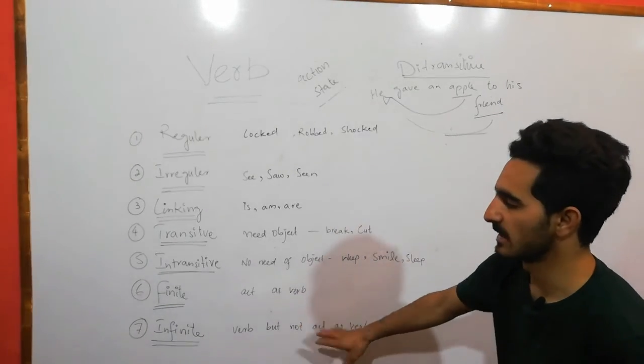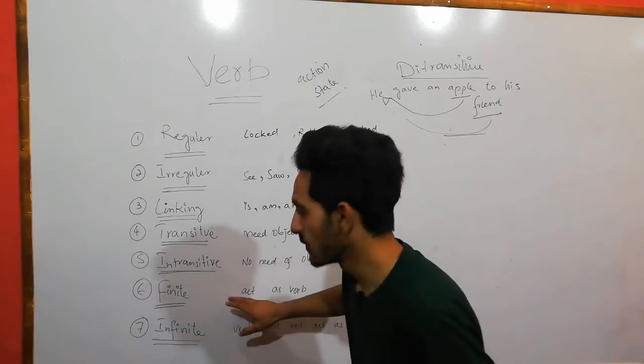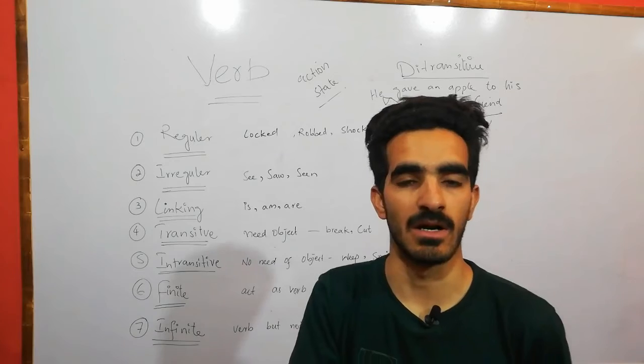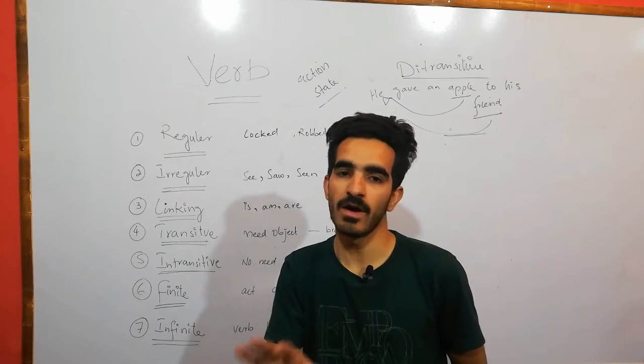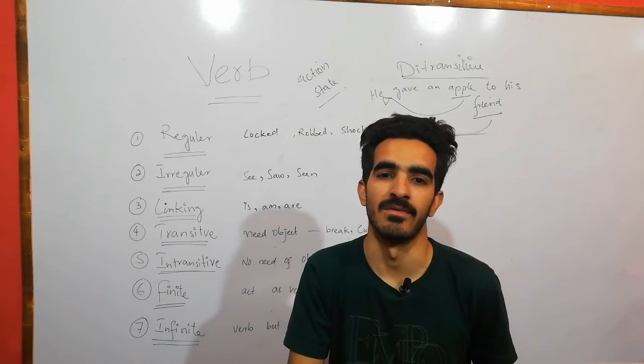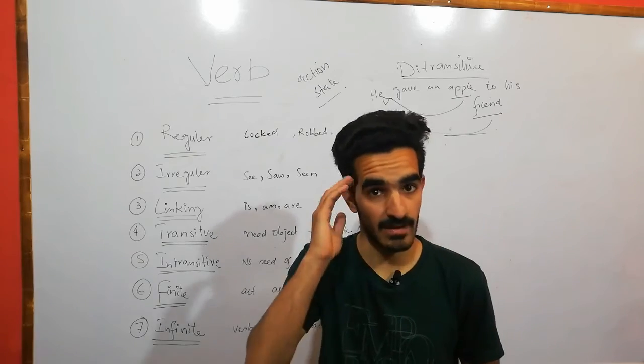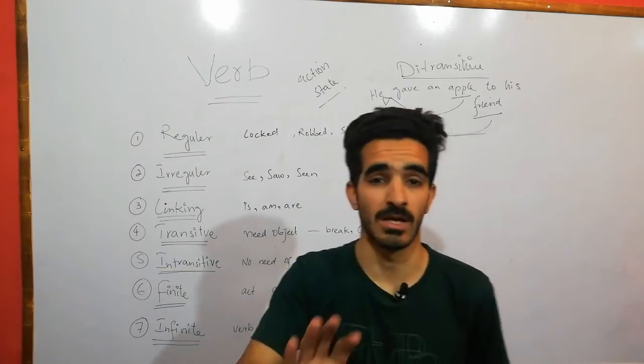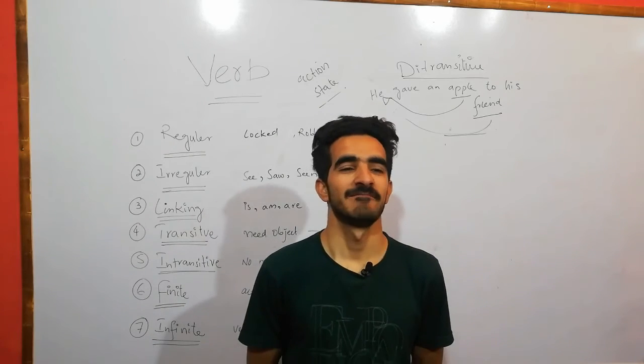And a finite verb is when a verb acts as a verb. An infinite verb does not act like a verb. You will understand it better, and I think it is very easy and understandable, with Sweet and Slim English class, right?